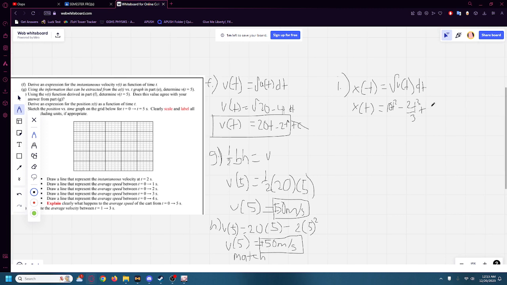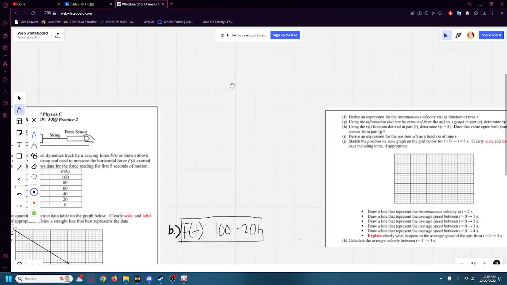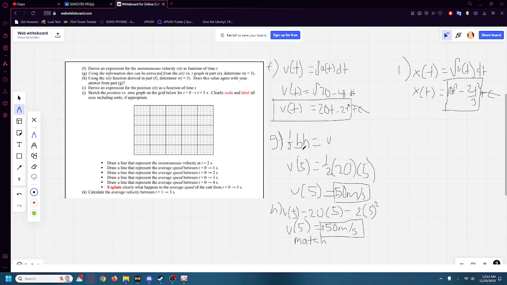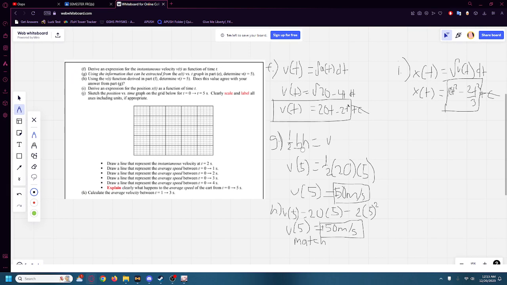And you plus c, but we're assuming that c equals 0. So x of t is equal to 10t squared minus 2t cubed over 3.